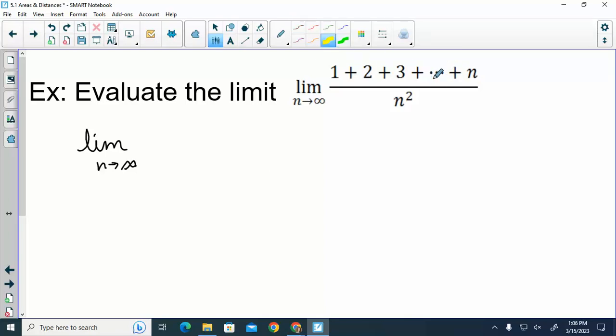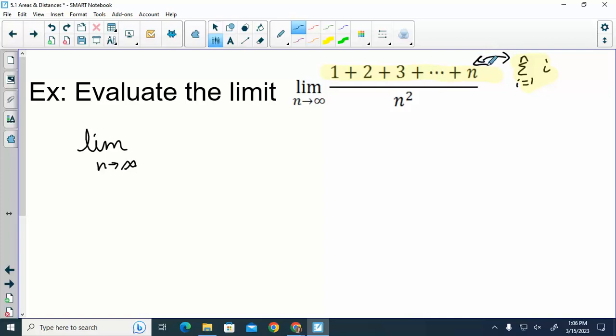On the top, 1 plus 2 plus 3 plus 4 all the way up to n. Isn't that just adding up powers of I? Okay, so that little part on the top, that's like saying the sum from 1 to n of I. And don't we have a formula for what that adds up to? Yeah.